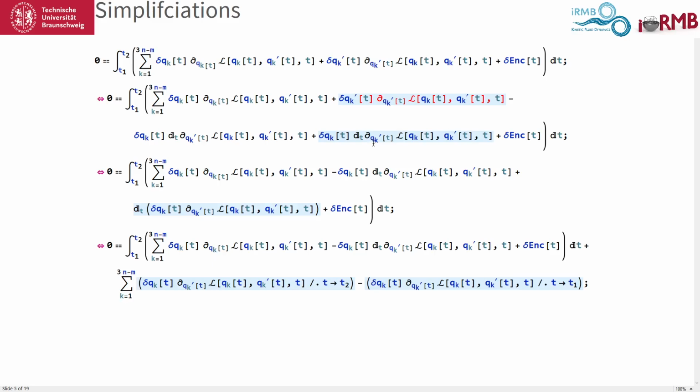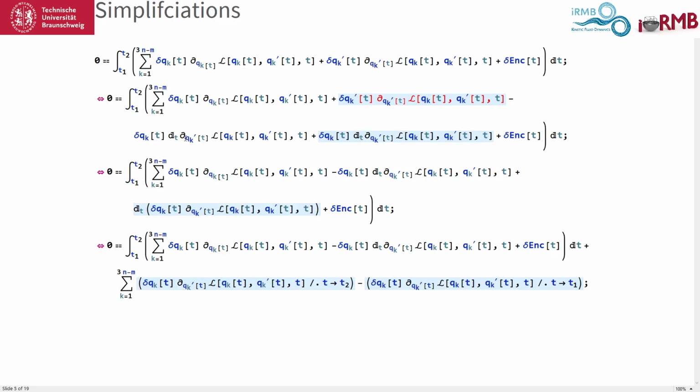So what we do is we add to the above the variation of the coordinates times the time derivative. This is how in Mathematica we write the total derivative. So this is a partial derivative, this is a total derivative.